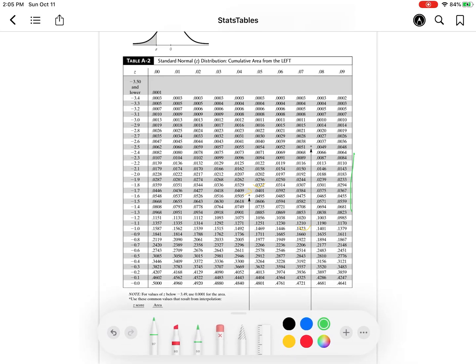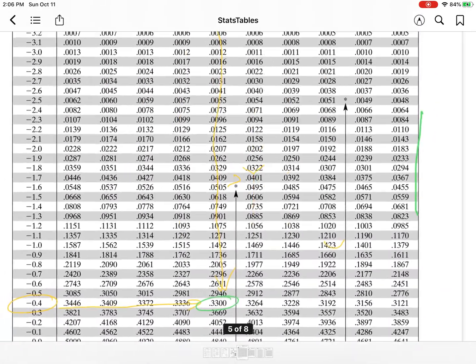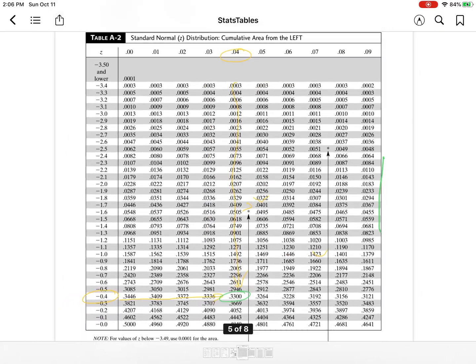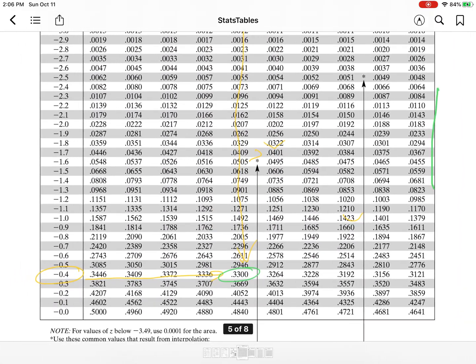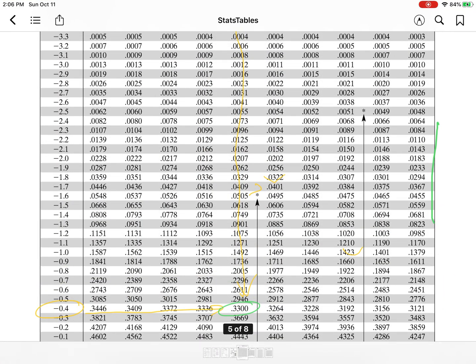Yes, negative 0.44. Where is that? There it goes. Negative 0.44. Put those together and you find the area to the left of negative 0.44.